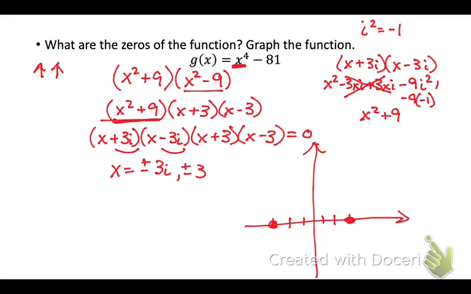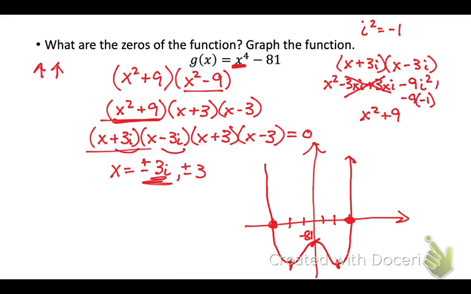It's going to go down and then it's going to have some little thing happen, and then it's going to hit and go back down and go up. It's going to be a W. This right here is my y-intercept, which would be negative 81. So, a scaled drawing, right? These things happen because of that plus or minus 3i.